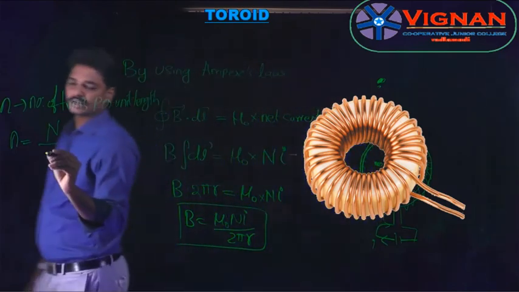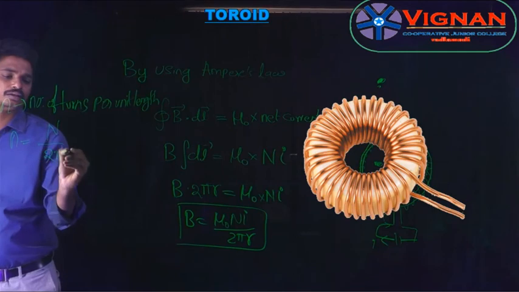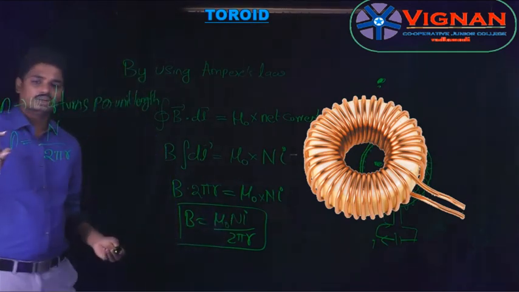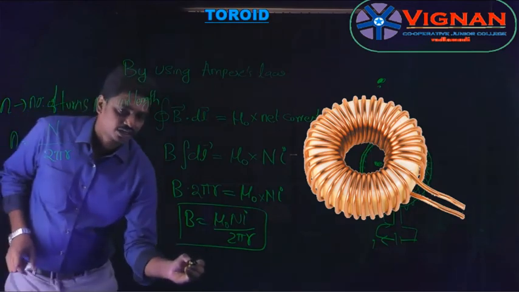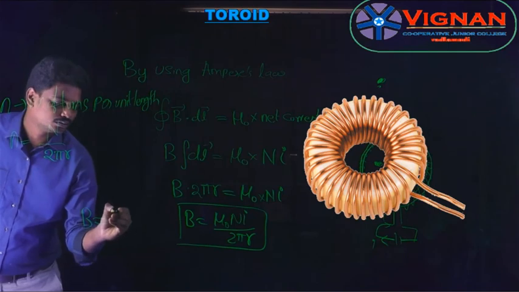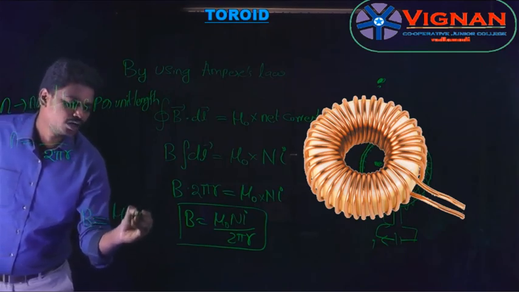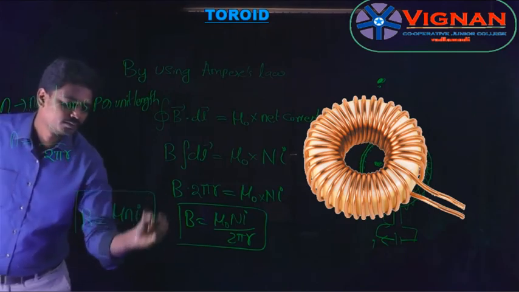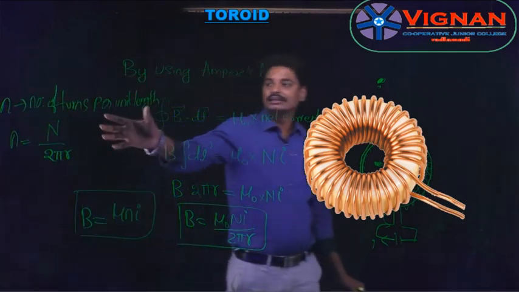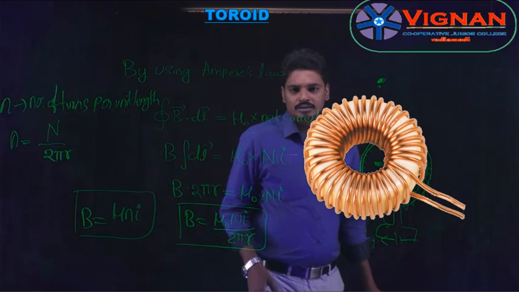So N by 2 pi r we can denote as small n. So the strength of the magnetic field will be B is equal to mu naught n I, where n is the number of turns per unit length.